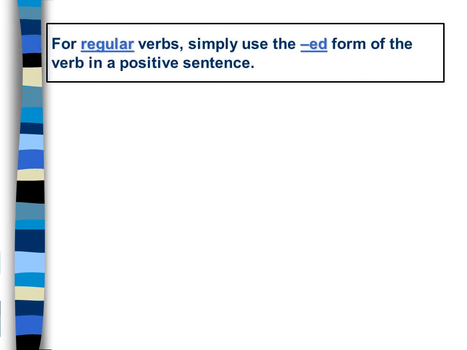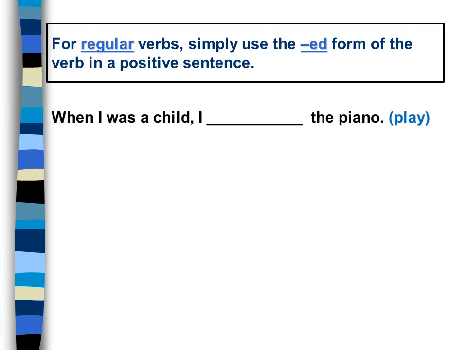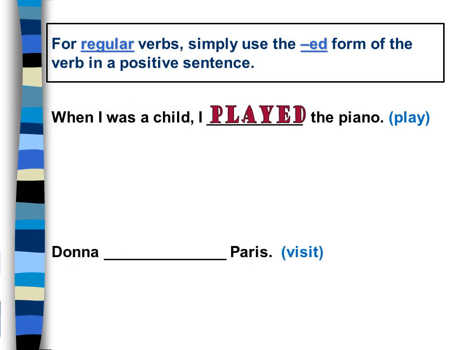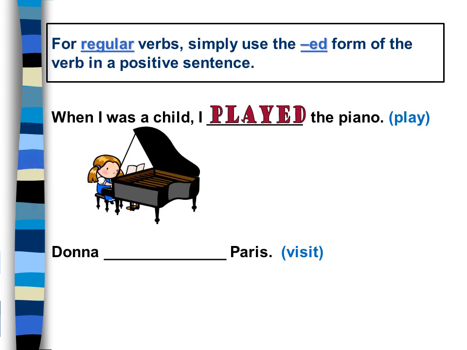For regular verbs, simply use the ed form of the verb in a positive sentence. Example, when I was a child, I played the piano. Donna visited Paris.